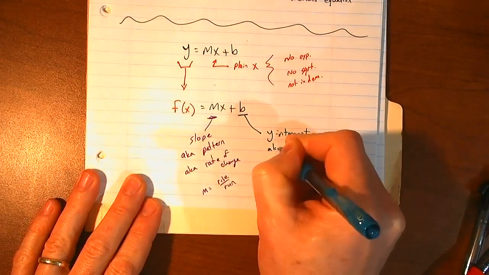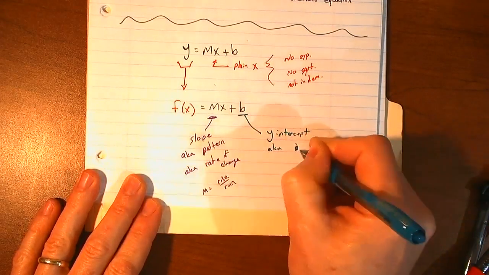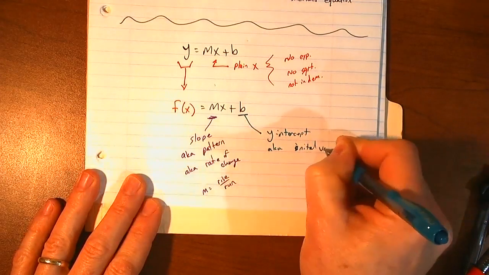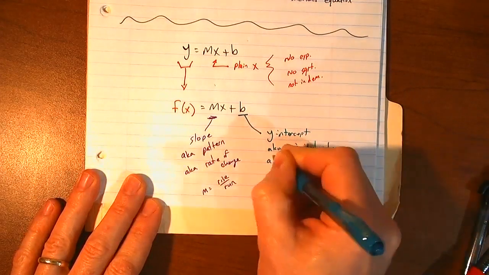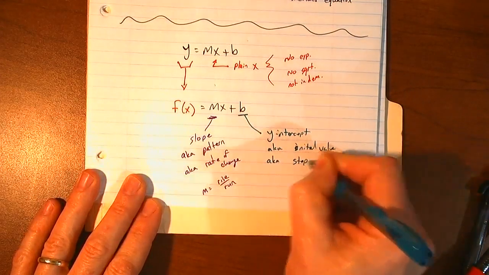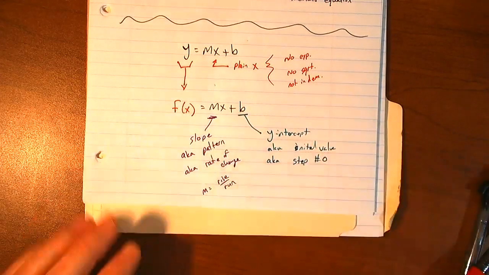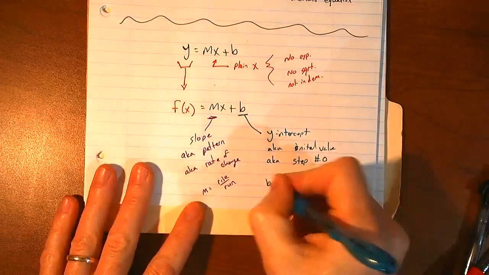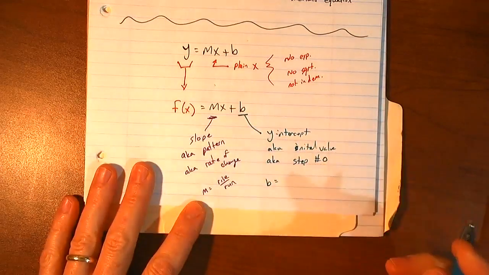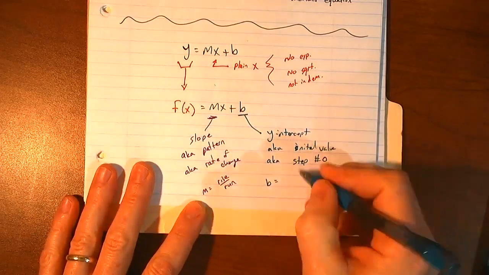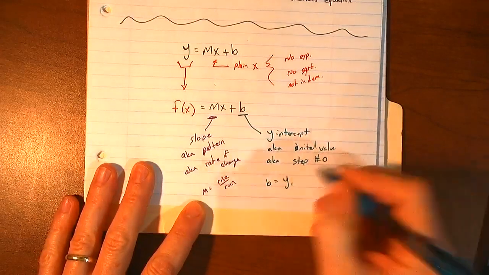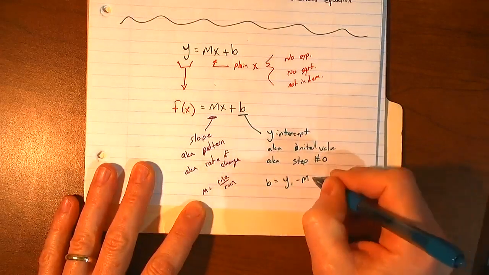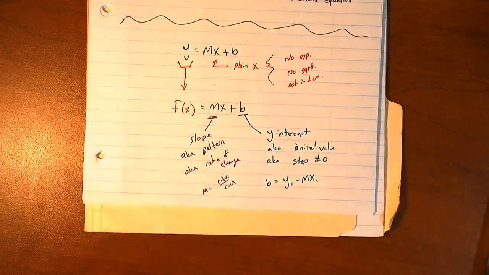But we also talked about that that's the initial value for the function. We talked about it's step number 0 on the function. We gave that one different names also. We had an ability to calculate its value with a formula. We said that it would be equal to some y value minus the slope times some x value, okay?